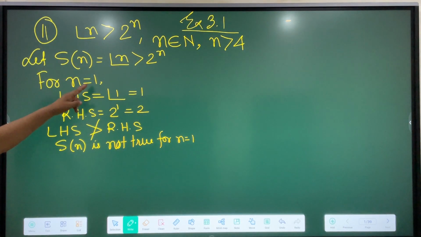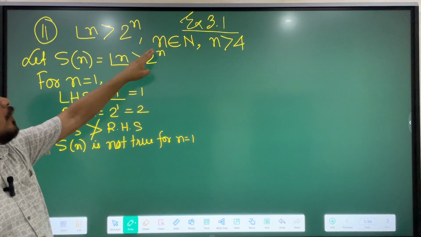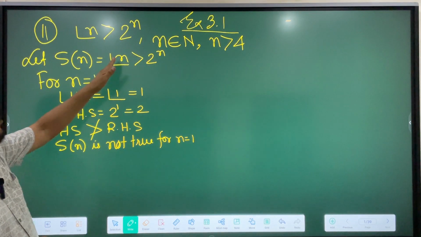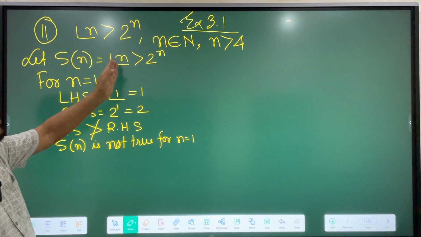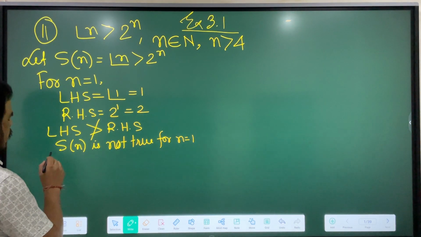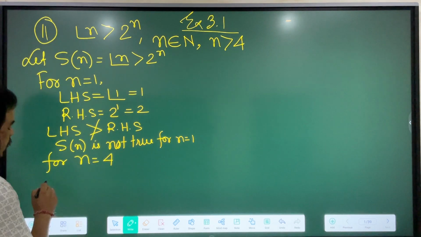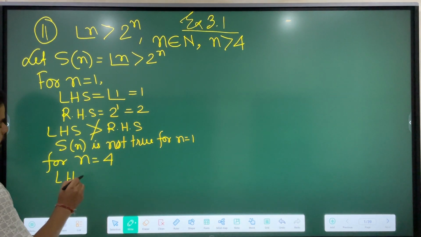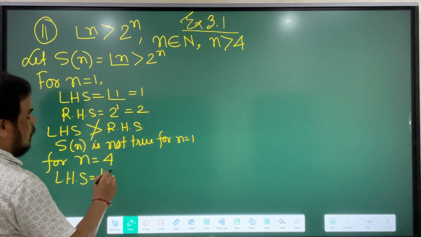Like this, if we go for 2, 3, 4, because we can do it orderly now, 2 will be factorial 2 against 2 to the power 2, which is 4. Factorial 2 is 2 into 1, 2 only, so it is smaller, not greater than 4. Suppose we do it for n equals 4. LHS is factorial 4.